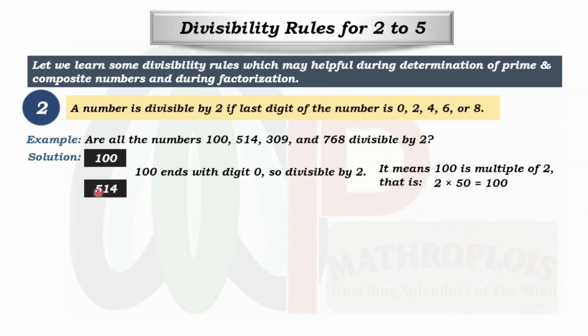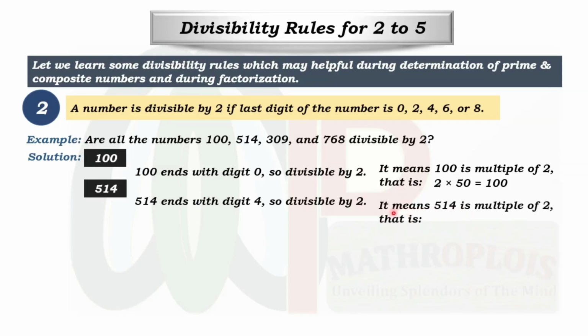Next number is 514. The number 514 ends with digit 4, so divisible by 2. We check divisibility of 514 by 2. The number 514 is divided by 2 completely, with an answer 257, which is a complete whole number.